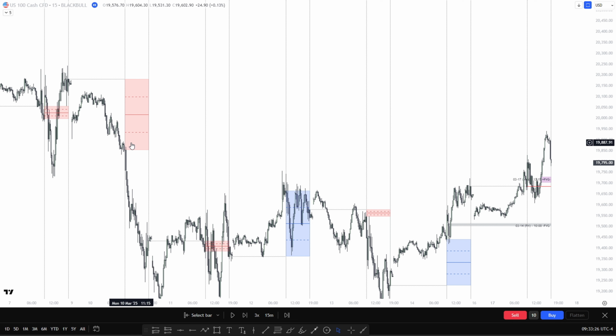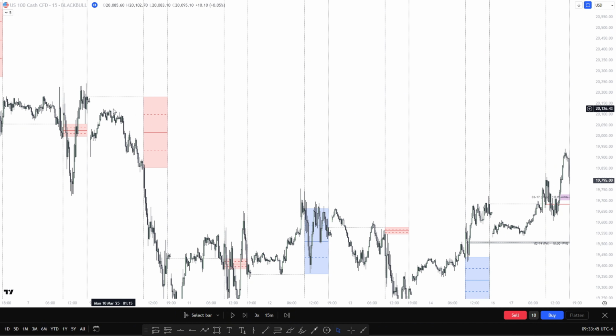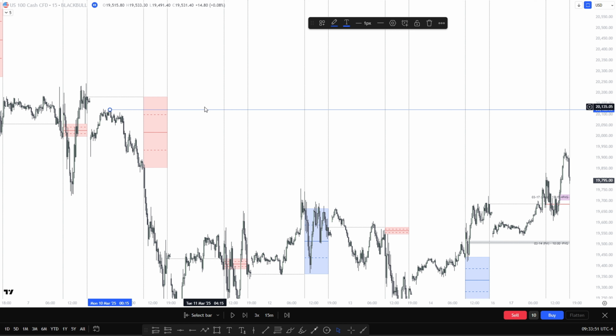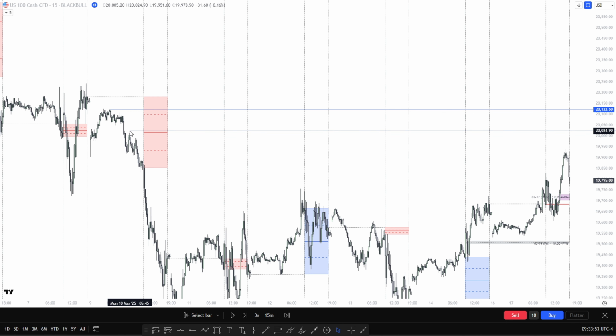On the 15-minute, I see an opening range gap from previous Monday that was left completely open. So that can be your draw on liquidity for the day. Any other major draw will be these relative equal highs here and the ones below.